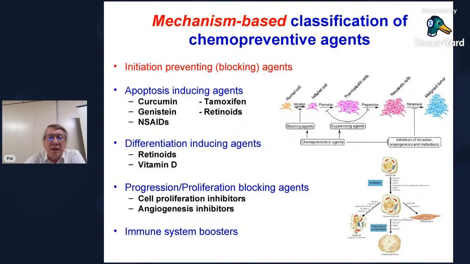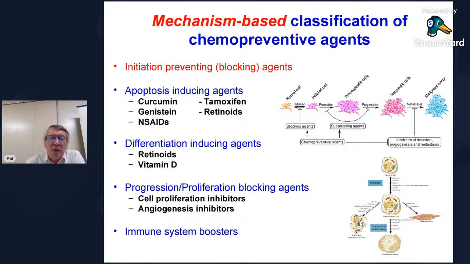We can also distinguish apoptosis-inducing agents, which force the initiated cells or the pre-neoplastic cells into apoptosis. Among them, you can see curcumin, the non-steroidal anti-inflammatory agents, genistein, the retinoids, and tamoxifen, just to mention some known examples.